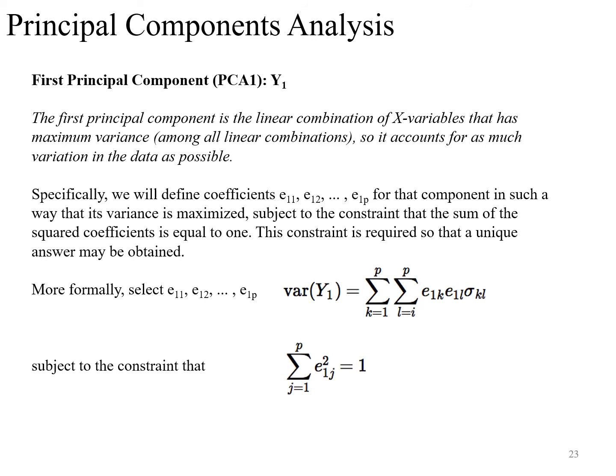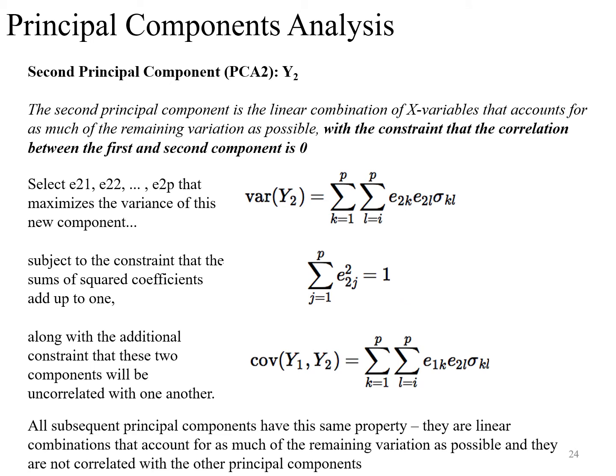Specifically, we're going to define a set of coefficients for that component in such a way that the variance is maximized, subject to the constraint that the sum of the squared coefficients is equal to 1. And that's just required so that a unique answer can be obtained.